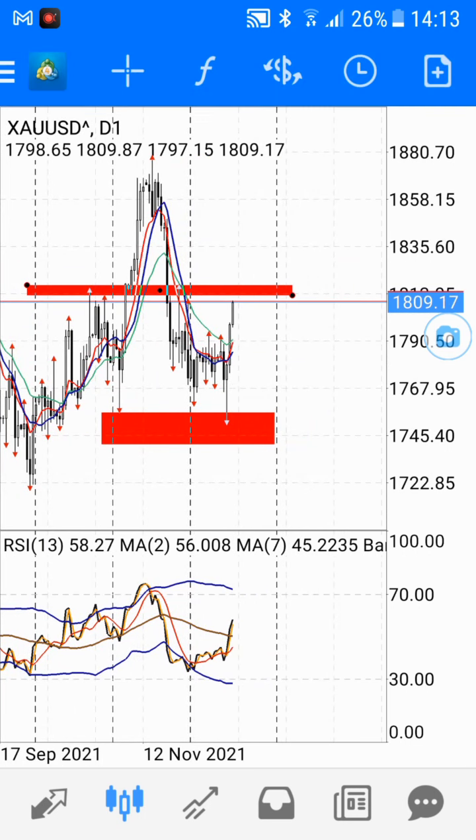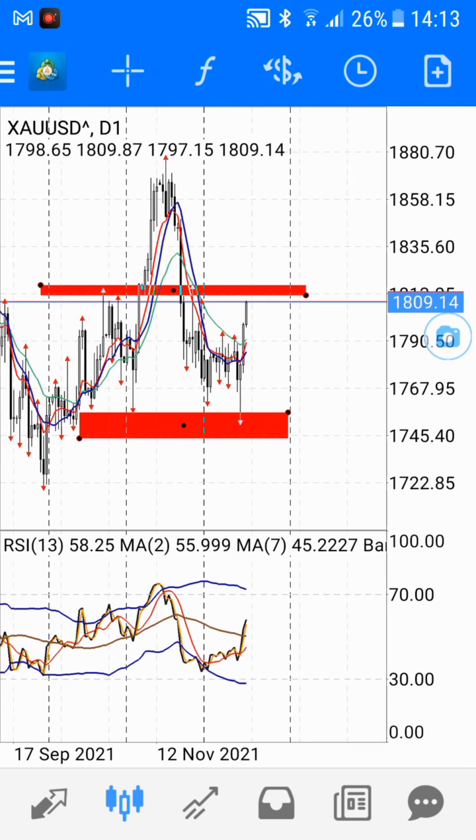It's difficult for me, so I can imagine what it must be like for a newbie like you. But guys, you've essentially got to get it right, huh? There we go. Okay. So by clicking on it again, it takes away the little black dots, as you can see. So okay, I got a resistance and I got a support in terms of my daily.